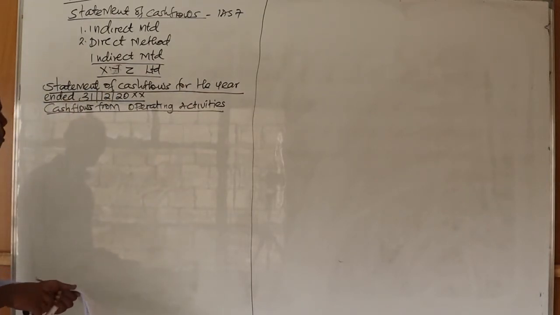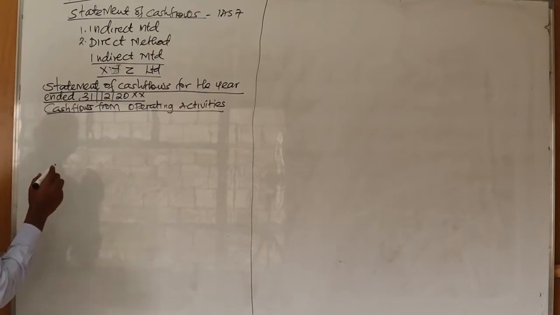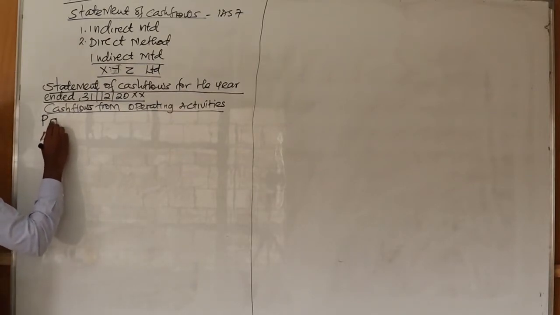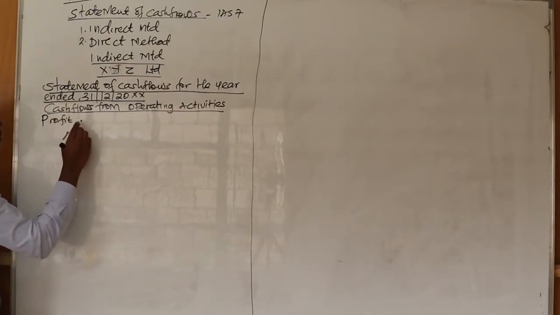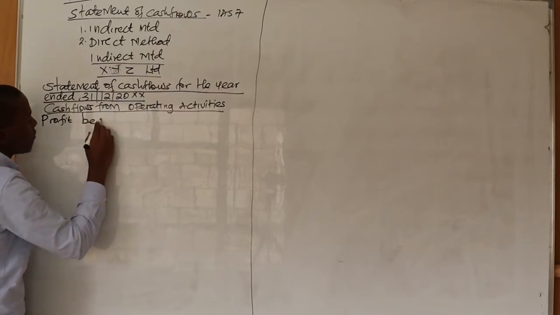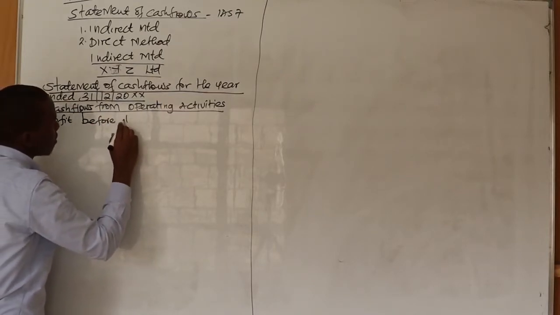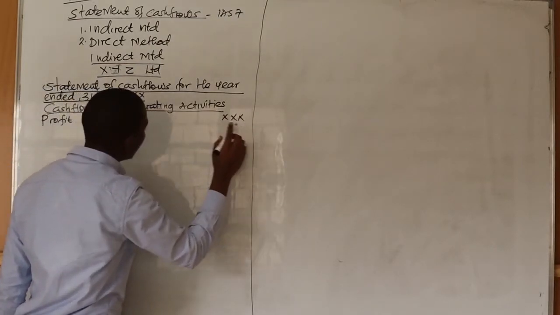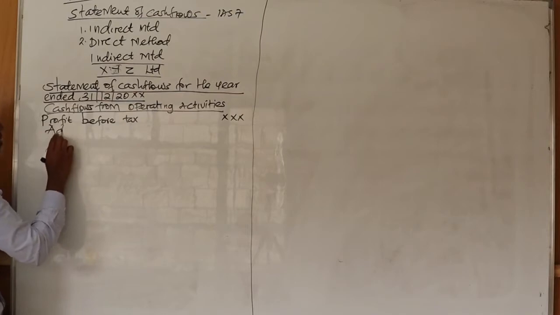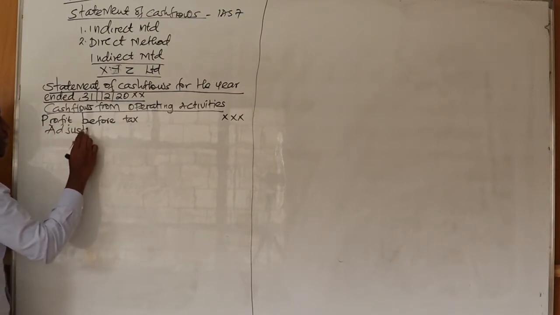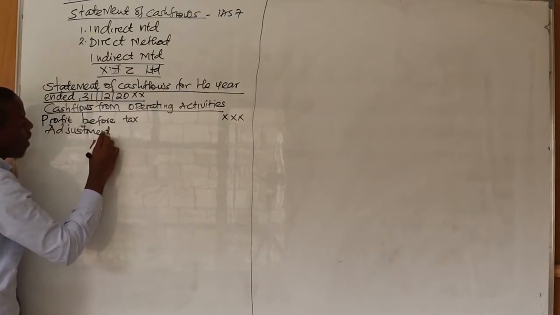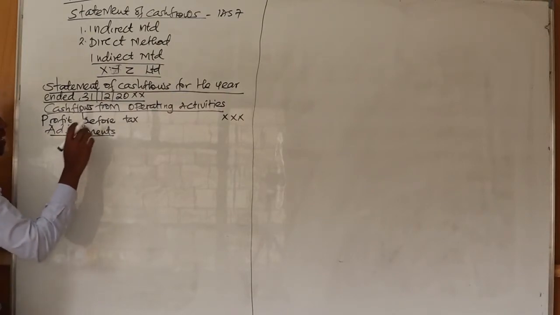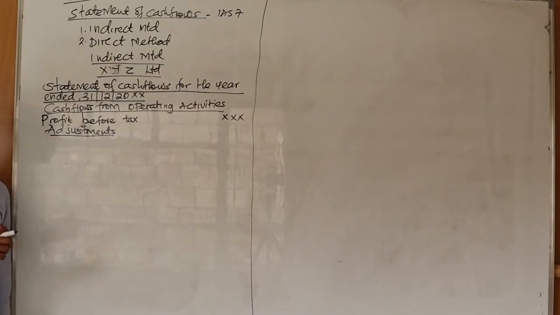Now, for cash flows from operating activities, in this case, you will have to begin with the profit before tax. Then you will have to go to adjustments. Now, on the adjustments, remember there are those non-cash flows that have been included in computation of the profit before tax.